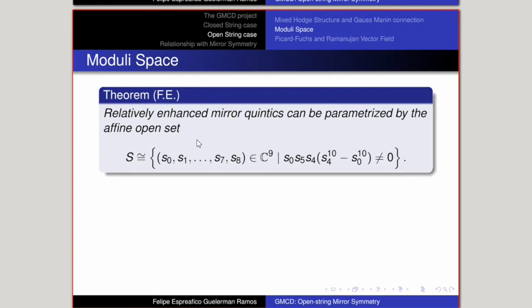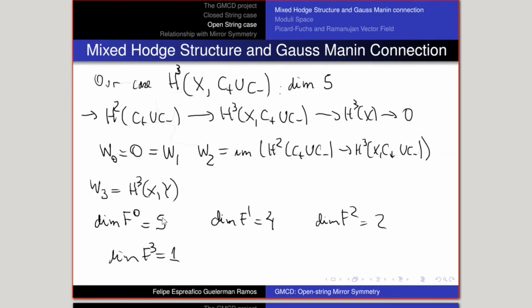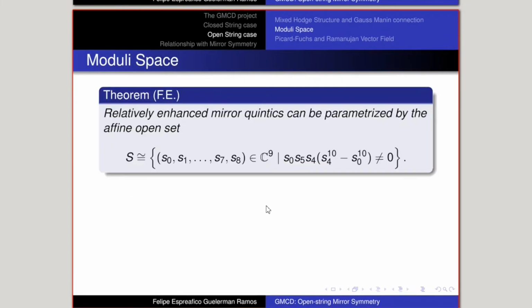Okay, so the theorem is that the mirror quintics can be parameterized by the affine open set given by this. It's the same idea again, so we have these 2 extra dimensions, which comes from the fact that we have 2 extra dimensions in F0 and in F4, in F1, and that's why we have 9 instead of 7. And also we use these coordinates S, and actually these coordinates are related to the coordinates from the closed case.